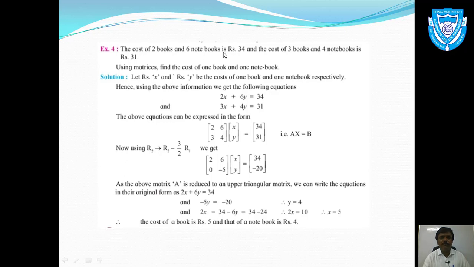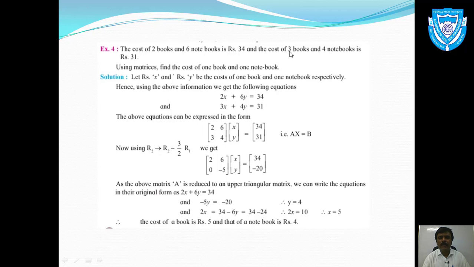So from the given information, now we can convert the given information into equations. So first equation we got 2x plus 6y is equal to 34, because 2 बुक्स की और 6 नोटबुक्स की कीमत कितनी बताई है यहाँ पे 34 बताई है. So 2x plus 6y is equal to 34.